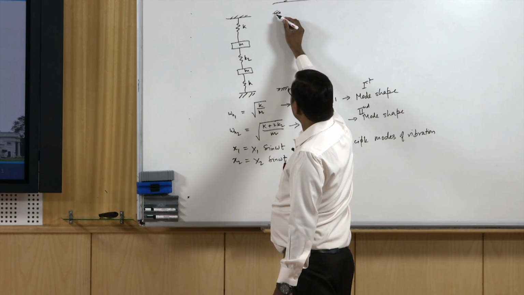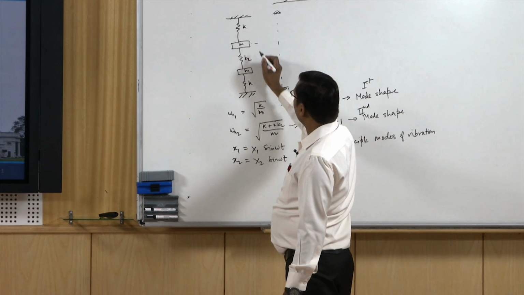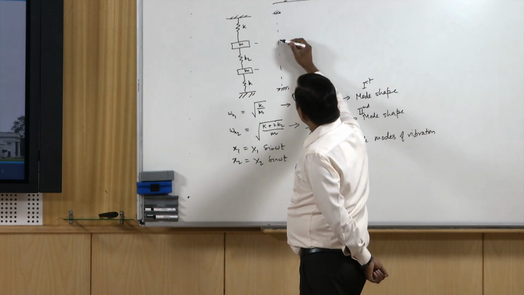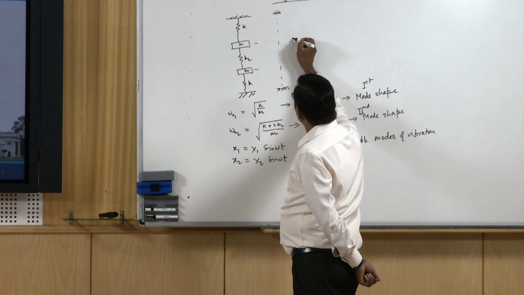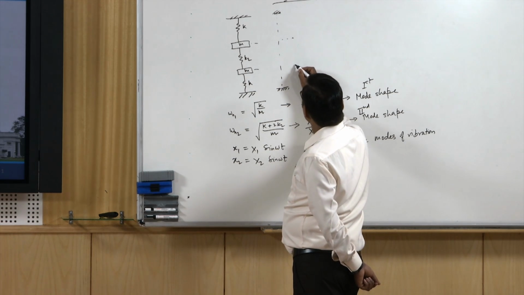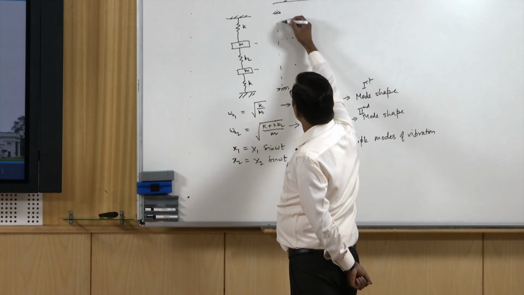If this is the equilibrium point of both the masses, these are their equilibrium points, and I am representing that here. If one mass is here, the other mass will also be here, and these end points are fixed.